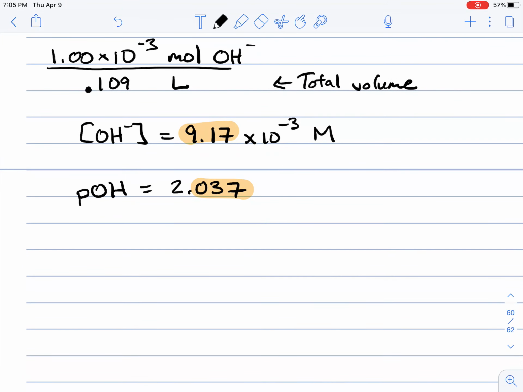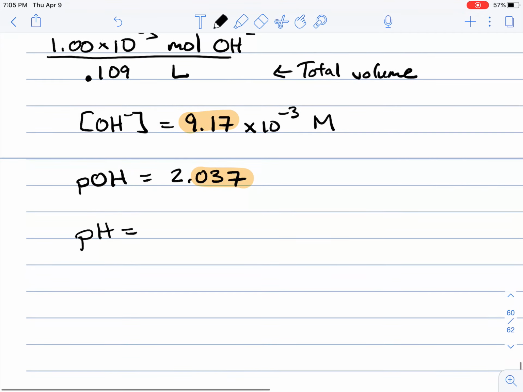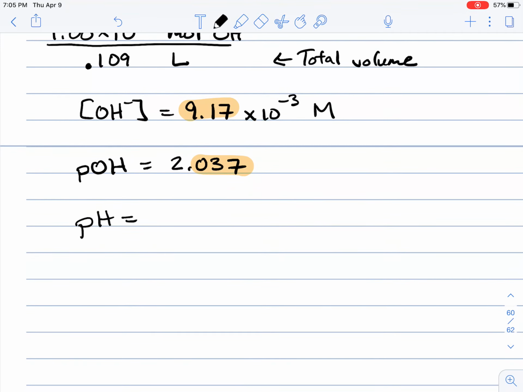So to calculate my pH, which is what I'm really trying to solve for, I'm going to take 14 and subtract pOH from it. And so it's going to be 11.963.